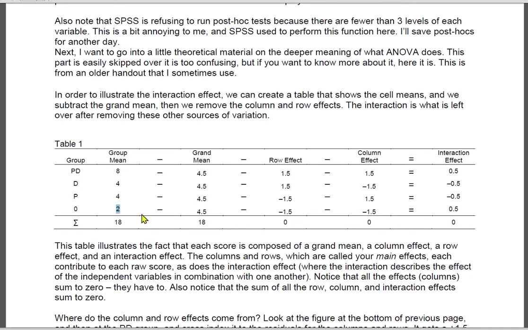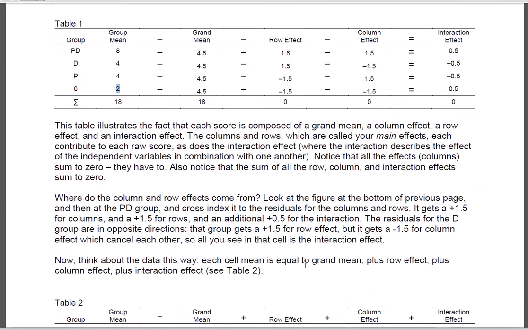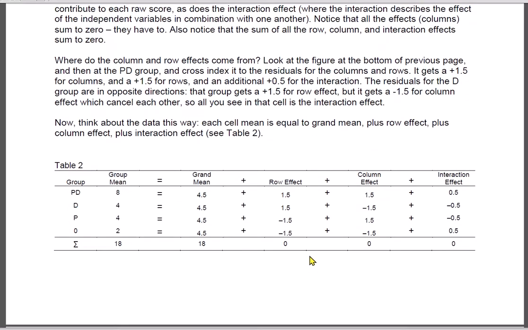So you start with 2, subtract 4.5, now you have a negative 2.5, but then you add 1.5, and then you add another 1.5, and what you're left with is a positive 0.5. So that's how this table works with the negative signs and the minus signs, just in case you found that hard to follow.